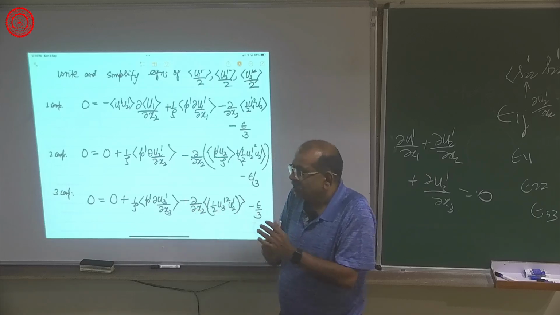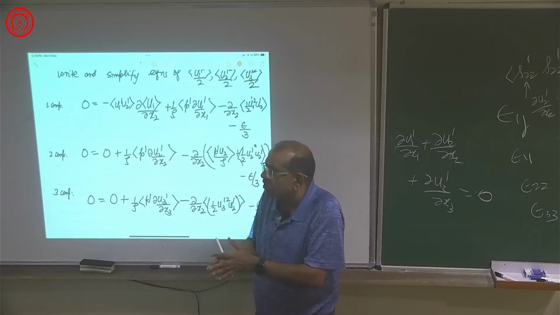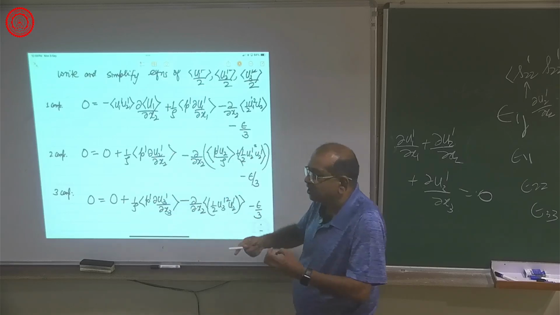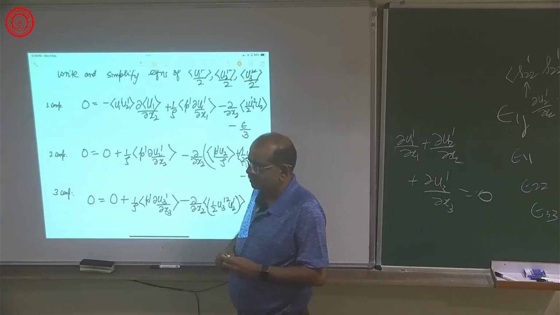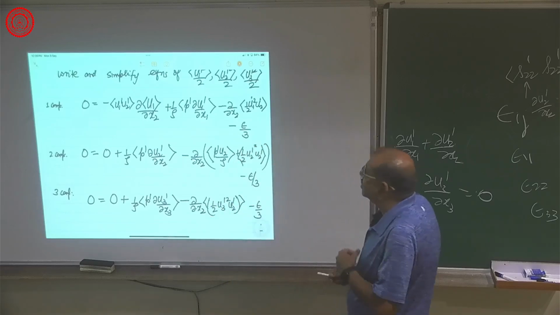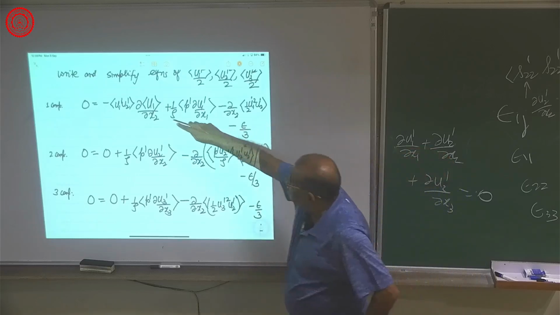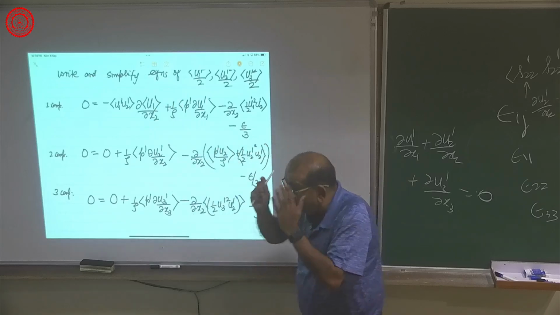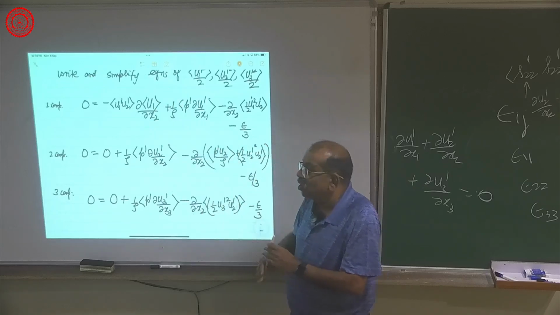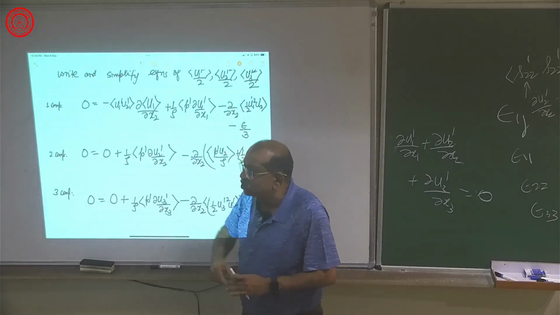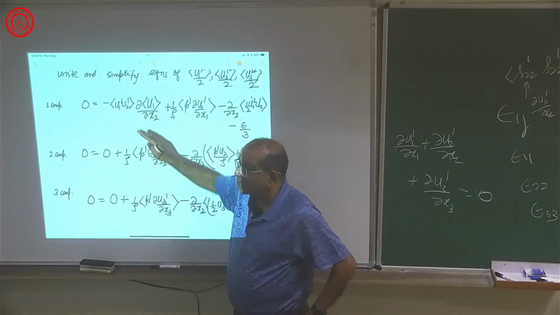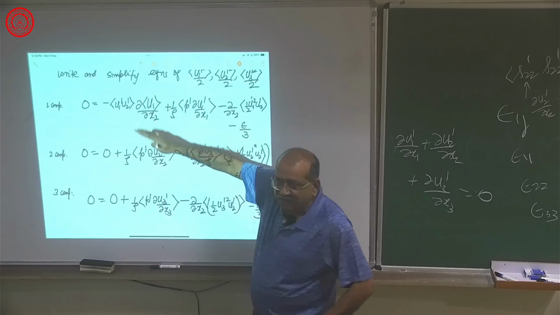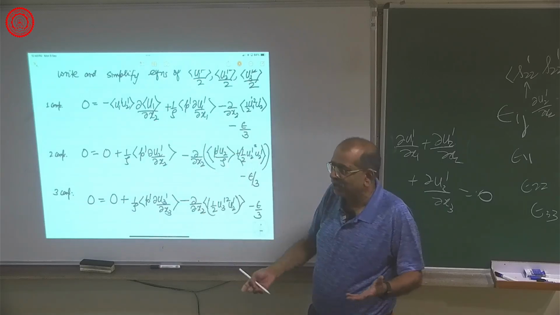They will redistribute things, but they will not produce. So these two terms become the production term for 2 and 3. And also what one finds is that because the main production term is in 1, in such flows the u1 prime square is normally about double of u2 prime square and u3 prime square, because the production is mainly coming in the 1 equation. And from there it is getting redistributed to 2 and 3.